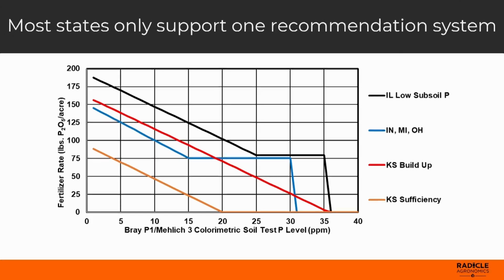So in Kansas, they're basically telling you that we're going to build your soil test level up to about 19, 20 parts per million, and then you're going to keep it there. If you're below that, the buildup will get you there. If you're above that level, then the reduced rate will get you back there, okay?